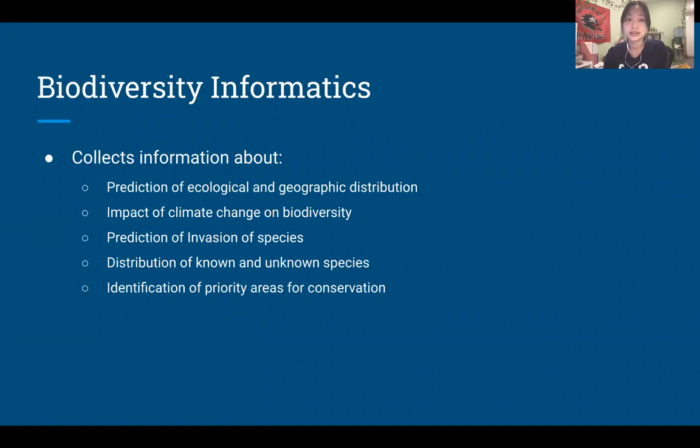Biodiversity informatics collects information about the prediction of ecological and geographic distribution, the impact of climate change on biodiversity, the prediction of invasive species, distribution of known and unknown species, and identification of priority areas for conservation. So as you can see, biodiversity informatics is mainly and very usefully used to predict trends and the future of many different ecological systems in the environment.